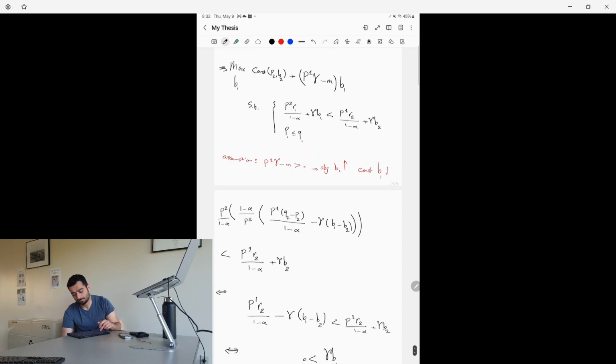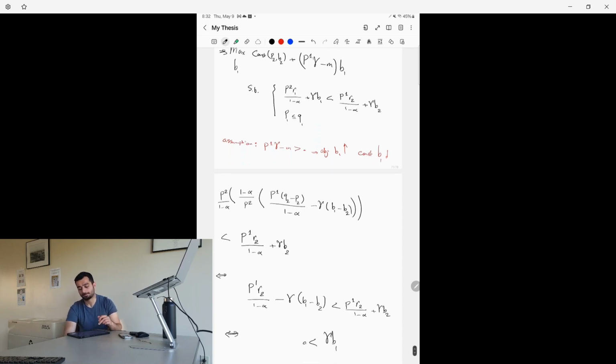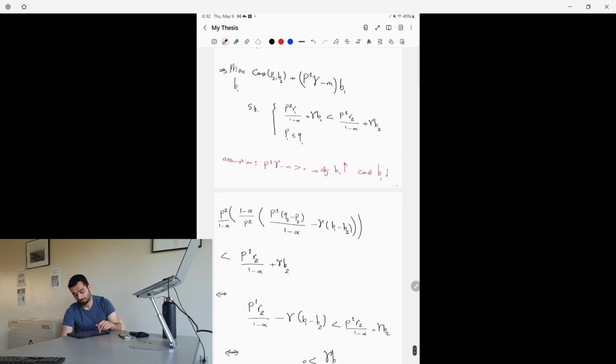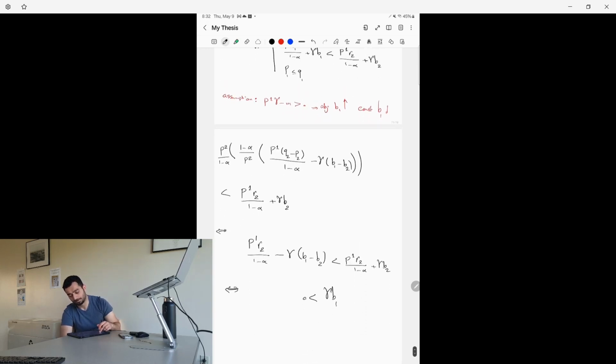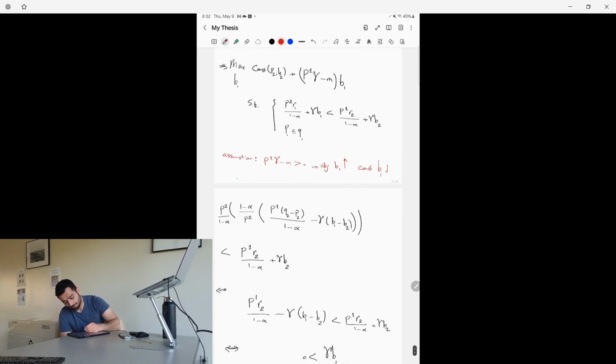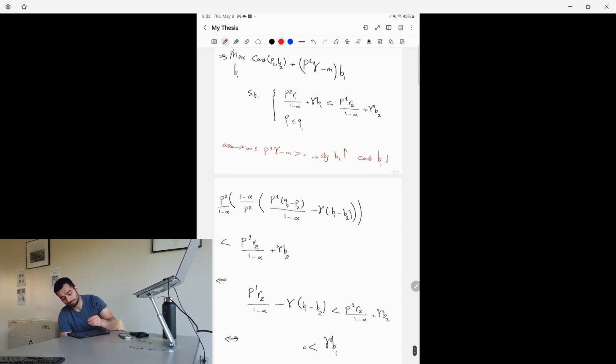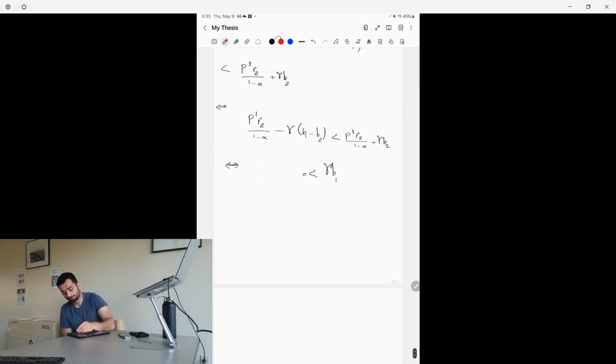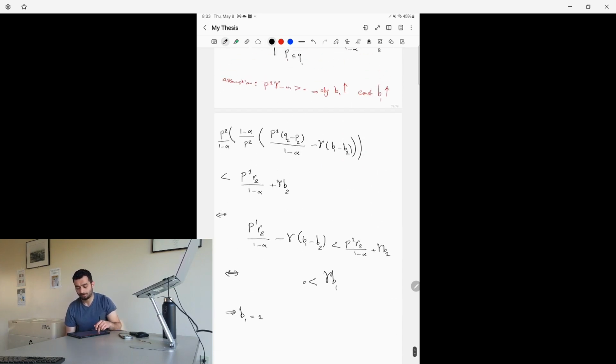So we want to make B1 as big as possible. So B1 will be 1. This guy, because of the assumption, objectively the constraint wants B1 also to be 1. Therefore B1 is 1.